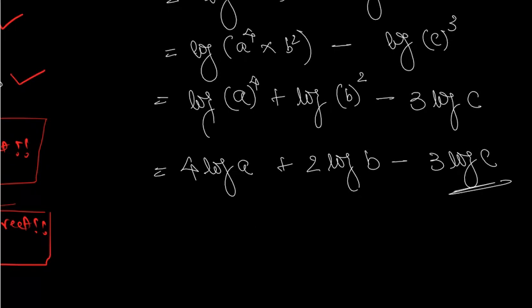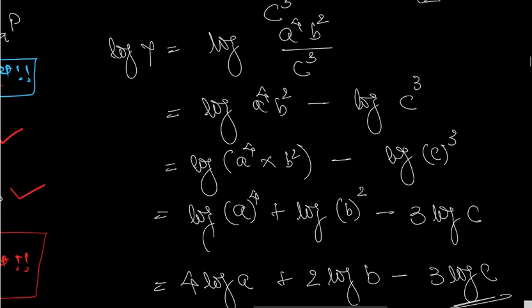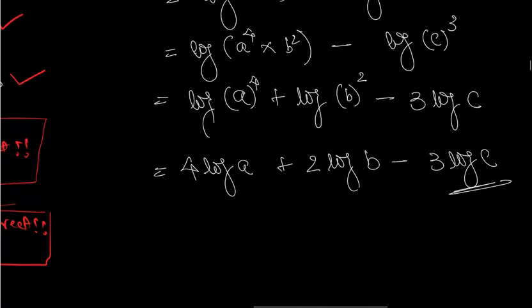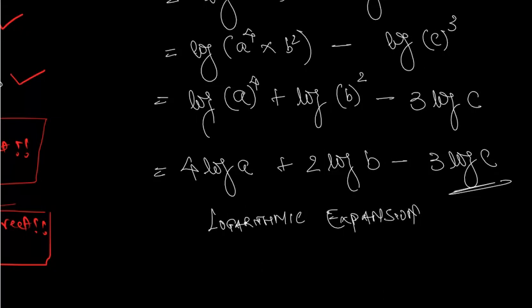Whatever I have done over here, the value of log y which I have found and the answer which I have got, this method of expansion is known as logarithmic expansion, right? So that's one example for you.